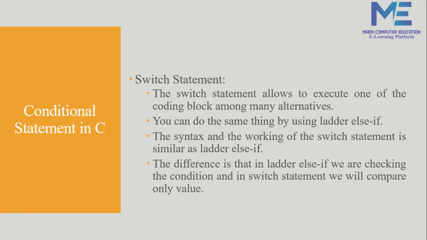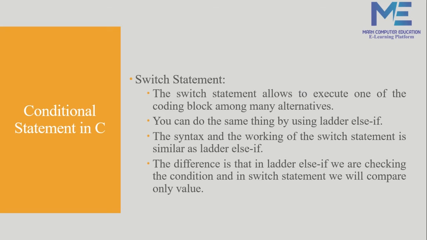Then the machine will execute the code of withdraw only. It will not execute the code of mini statement or balance inquiry, etc. So that is one type of example of a switch statement. There are many options and it will take a choice from the user of what the user wants to do.